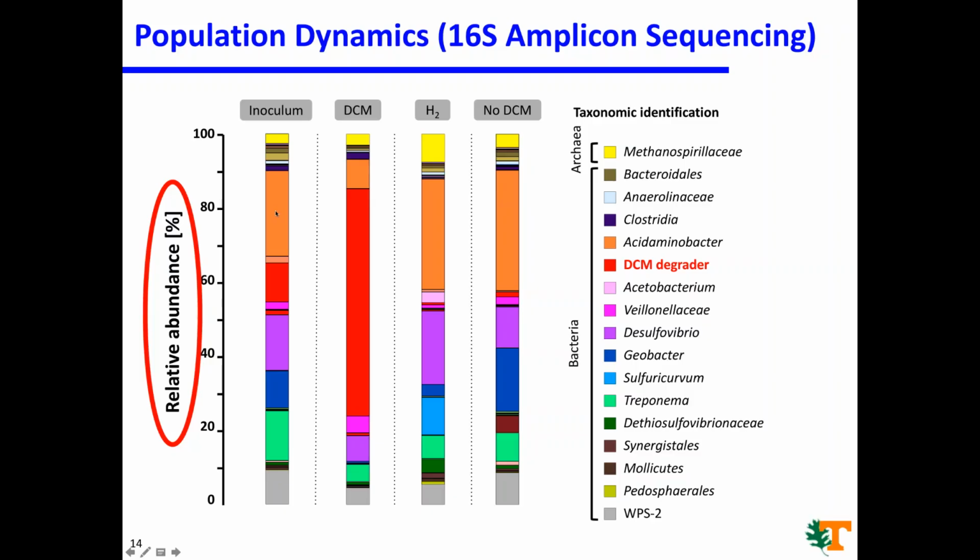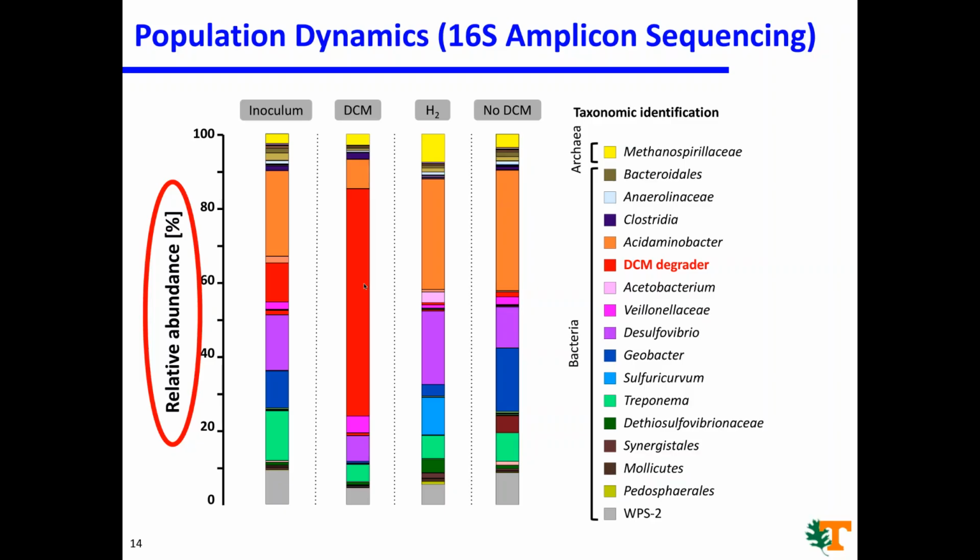We can also compare to the previous, the inoculum, and we can say the relative abundance of the orange population is decreasing. We can say the relative abundance of the red population is increasing. What we don't get is absolute quantitative information. I cannot tell you from this data set how many of these DCM degraders are present. I can only tell you it's more than 70% of the entire community, but I don't have an absolute number.